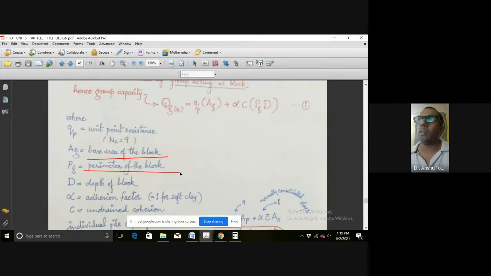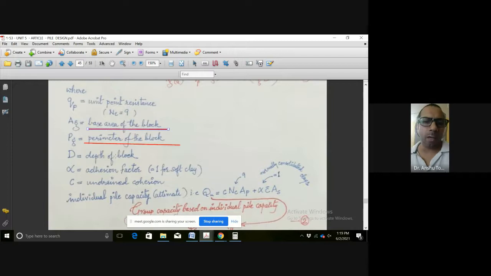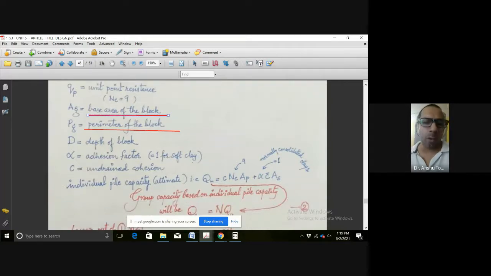Then the perimeter of the block. NC is going to remain 9 for piles. QP, the unit point resistance, is the same. The depth remains the same for the individual pile and for the block.